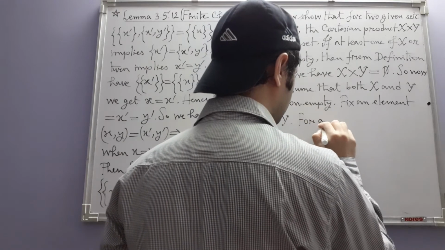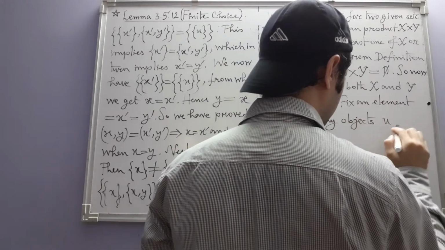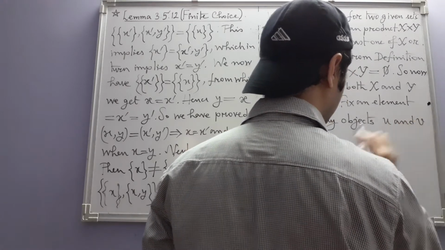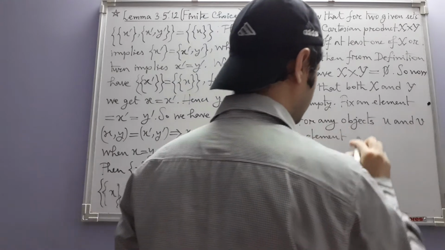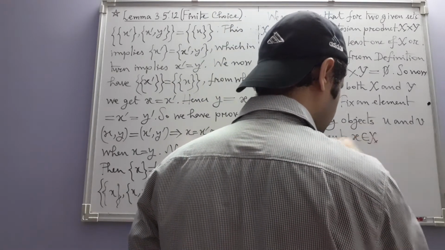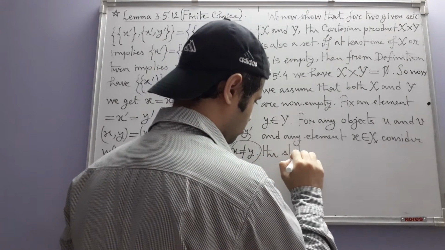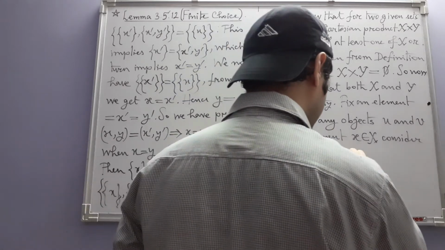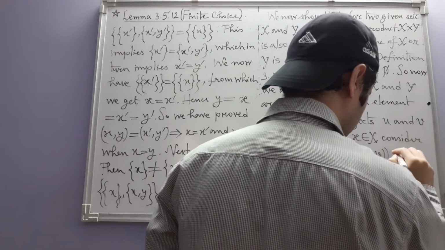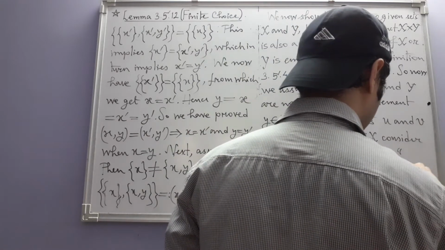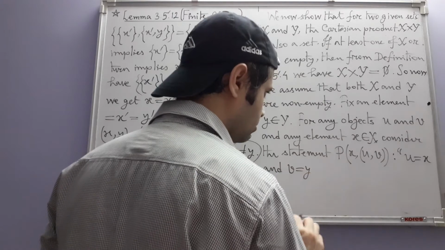For any objects u and v, and any element x belonging to X, consider the statement P(x, u, v), and the statement is this: u is equal to x and v is equal to y.